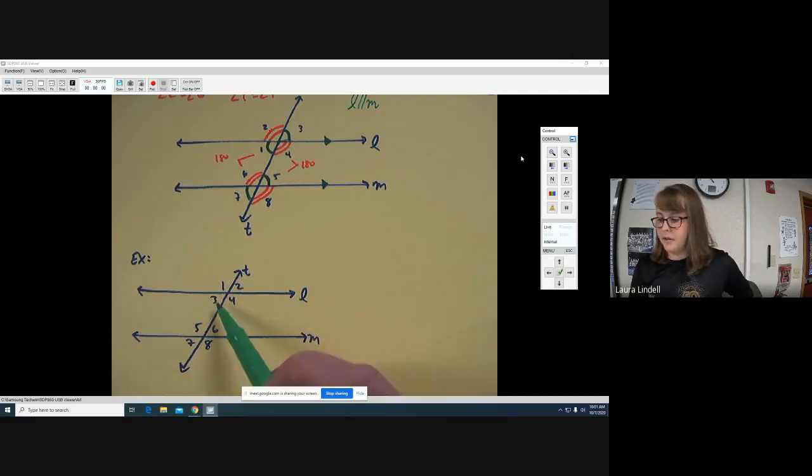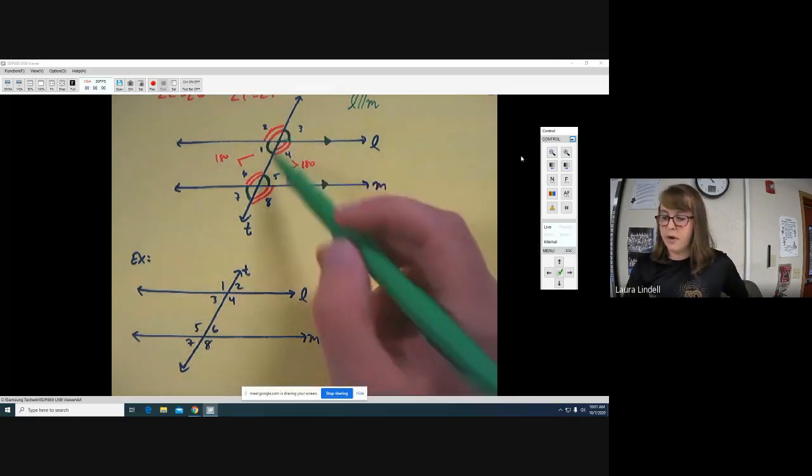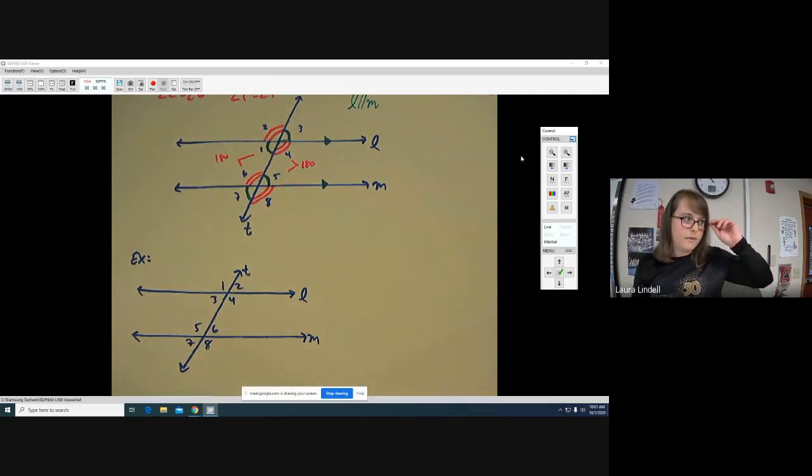I did put the angles in a little bit of a different spot, though, number-wise. They don't quite match, so yeah, sorry about that. Be a little careful with that there.